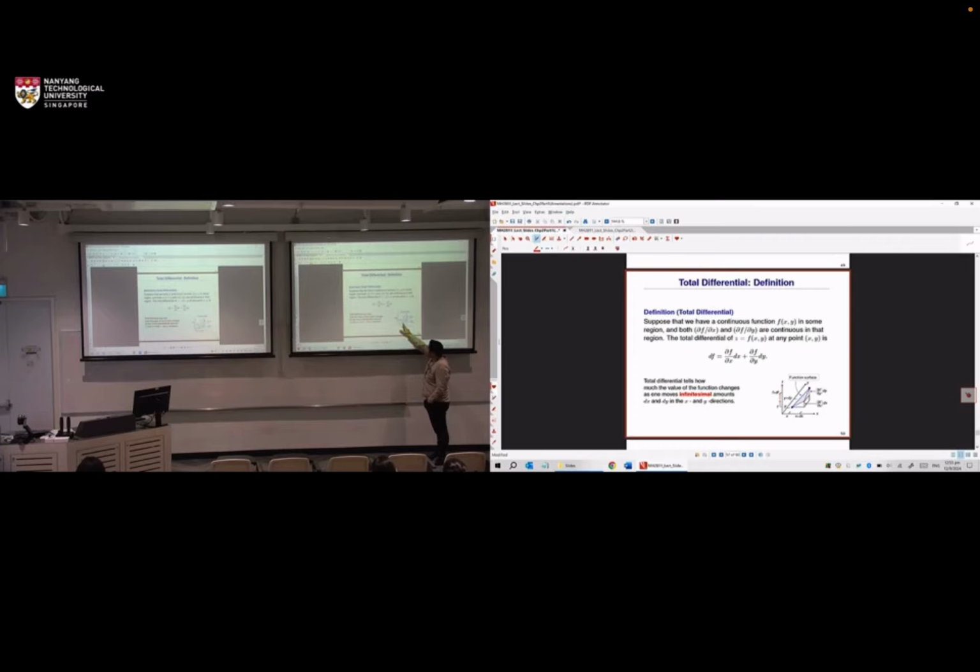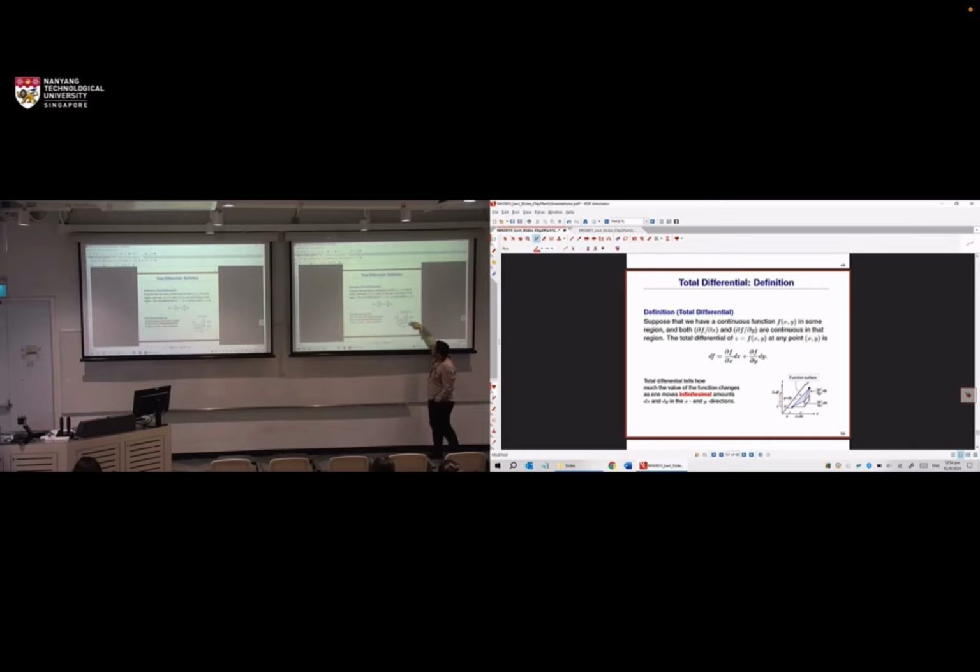When you move a small x, your functional value changes by this small red change, del f del x times dx. This is from the single variable formula. Nothing new, it's the same as what you have done in single variable.